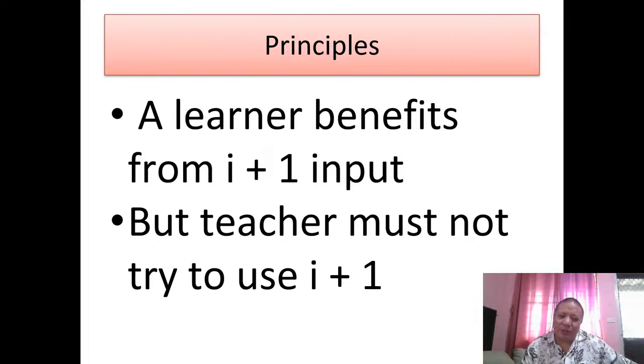So a teacher should provide approximately I plus one. Not I plus one, but approximately I plus one is what a teacher should provide. So a learner benefits from I plus one input, the set of skills just beyond one's set of skills. But in the classroom, a teacher must not try to use I plus one, rather must use approximately I plus one.